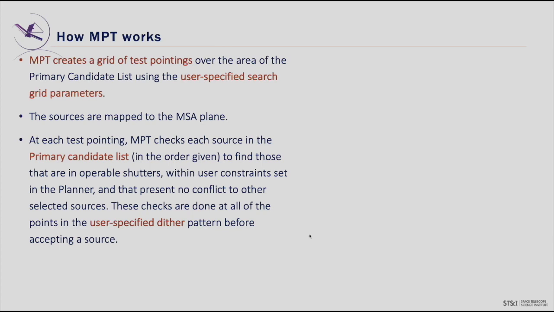It checks their background shutters at all dither points, and it makes sure that the shutters that need to be operable are all operable, and that there are no conflicts with other selected sources. So that's where the ordering of the sources in the candidate list matters, because if you place a source down on the MSA, it prevents other sources nearby from also being selected for the same exposure. So there is a sequence to this.